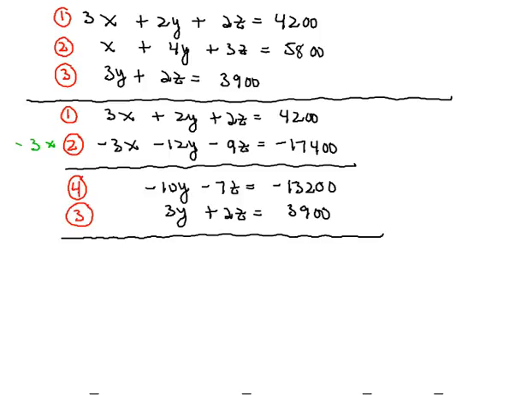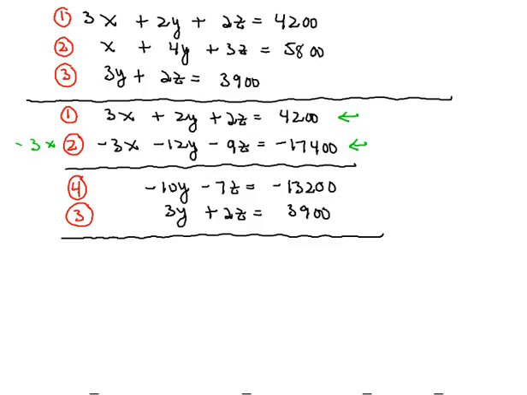So rewriting equation 1 below, you can see we have 3x plus 2y plus 2z is equal to 4,200. And if we multiply equation 2 by negative 3, we'll end up with negative 3x minus 12y minus 9z is equal to negative 17,400.